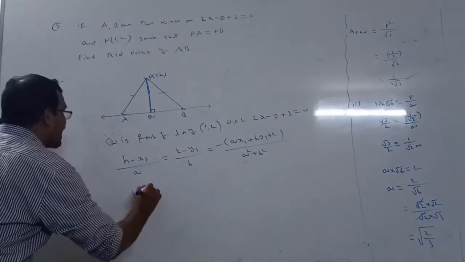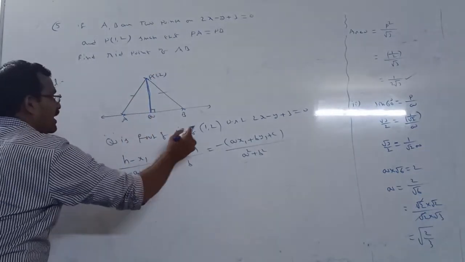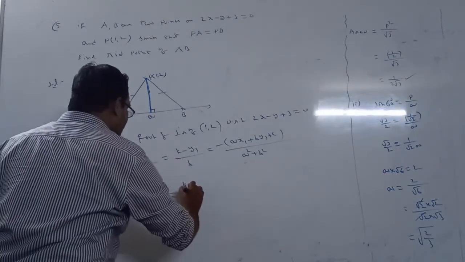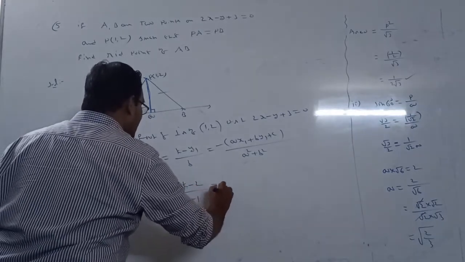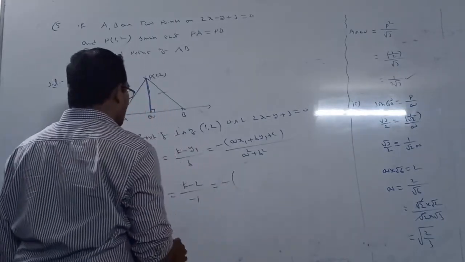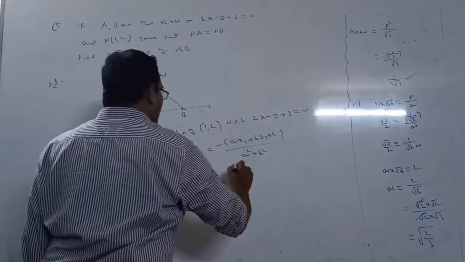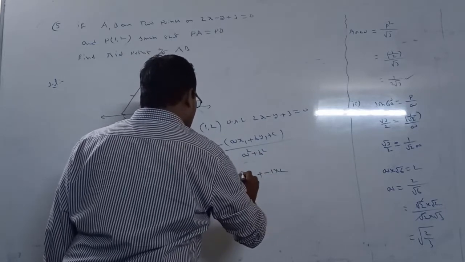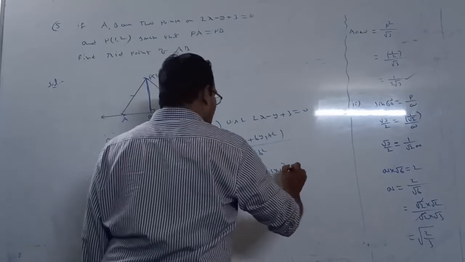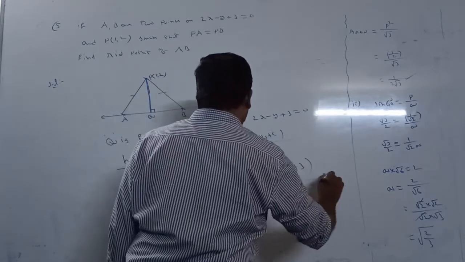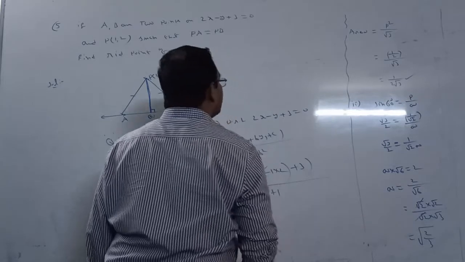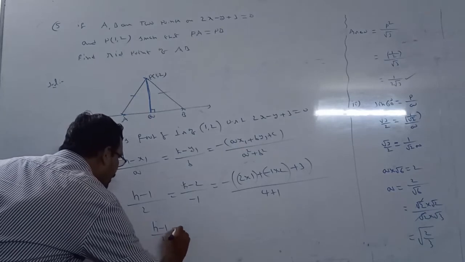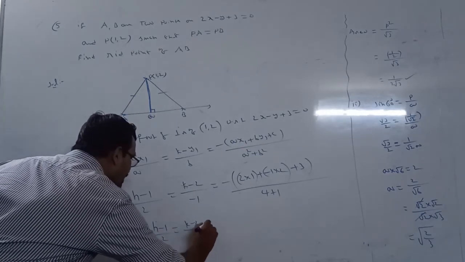So h minus 1 by 2, after that k minus 2 by minus 1, equal to minus of a x1, which is 2 into 1, plus b y1, minus 1 into 2, plus c, by a square plus b square, 4 plus 1.